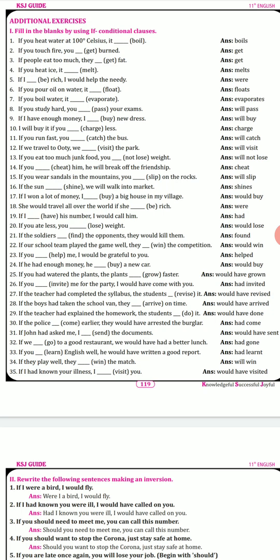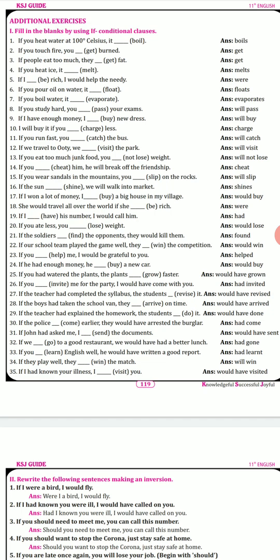So the verb should be shine. Look at the subject, the sun. This is third person singular, so we have to add es with the verb shine. So the answer is shines.